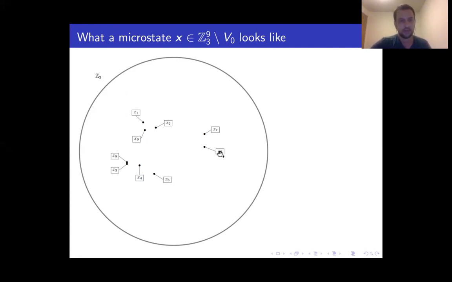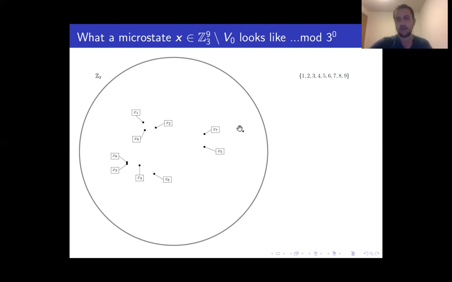Okay, so how can we start to pick apart this microstate and understand what the log-Coulomb potential energy might look like? What I want to do is start filtering Z3 by higher and higher powers of 3. So if we look at this mod 3 to the 0, so if we essentially take every particle, remember every particle here is a p-adic number, we can mod it out by powers of 3.